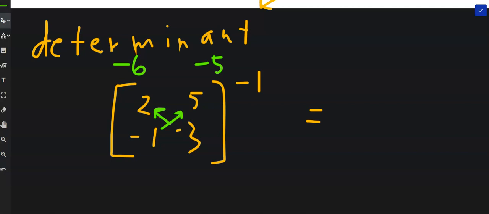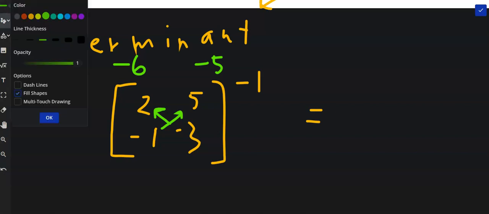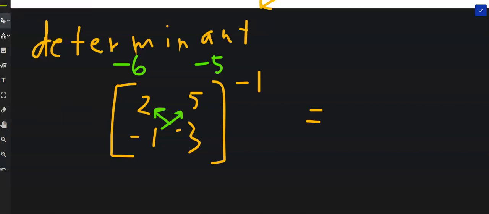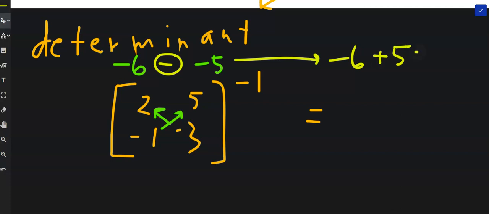Okay, now we need to subtract. I circled it just because I want you to understand you are subtracting those two values. Now, what do you get? Well, -6 plus 5 gives me a discriminant, or determinant. Gee whiz, discriminant is in the quadratic formula. The determinant of -1.